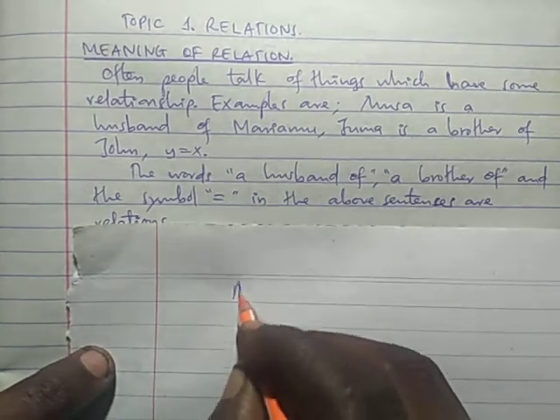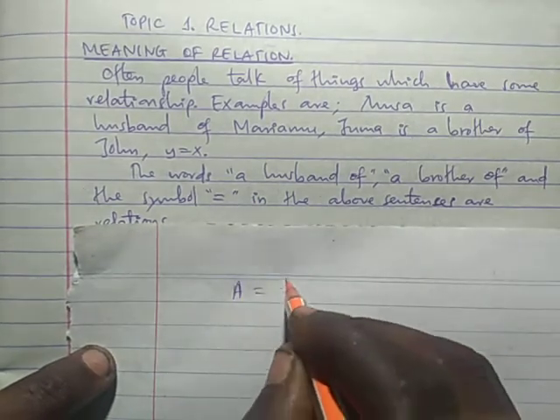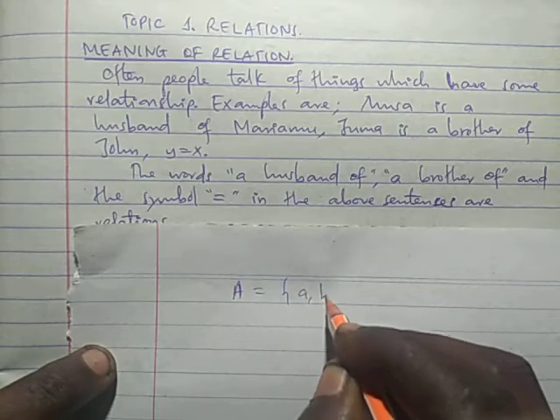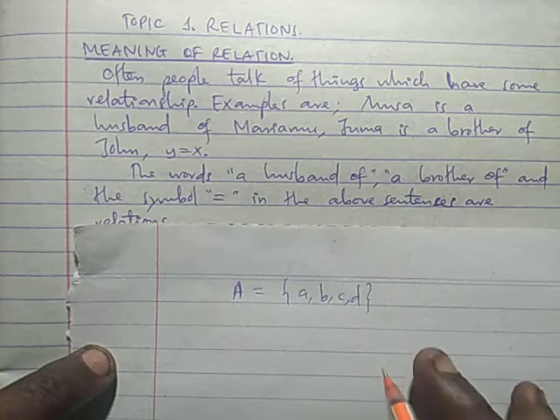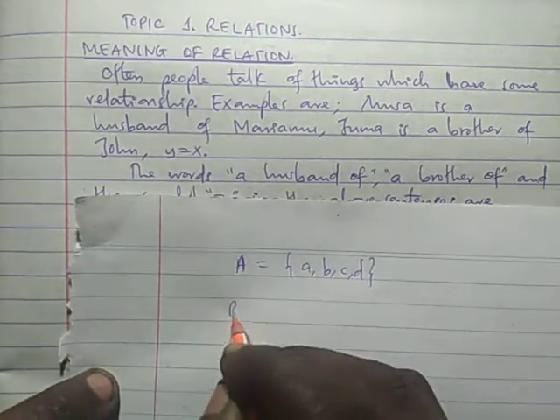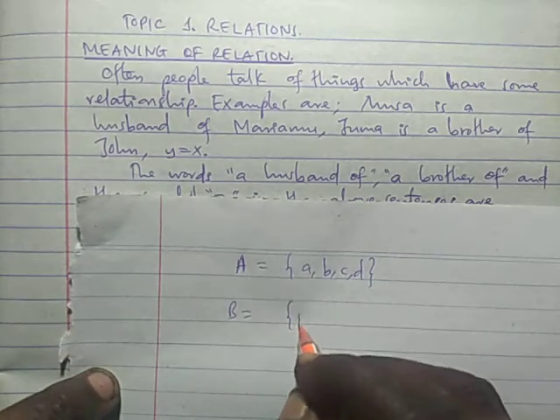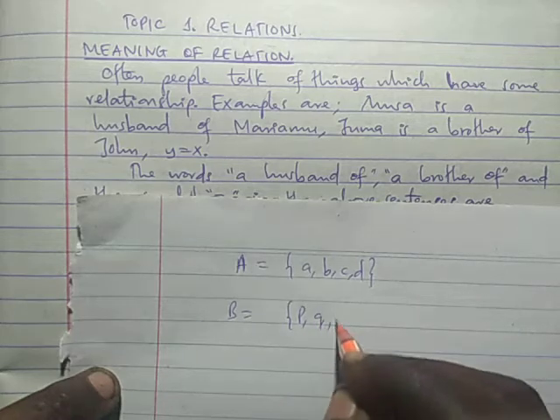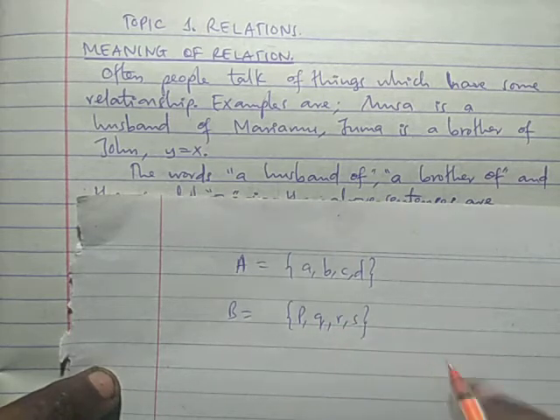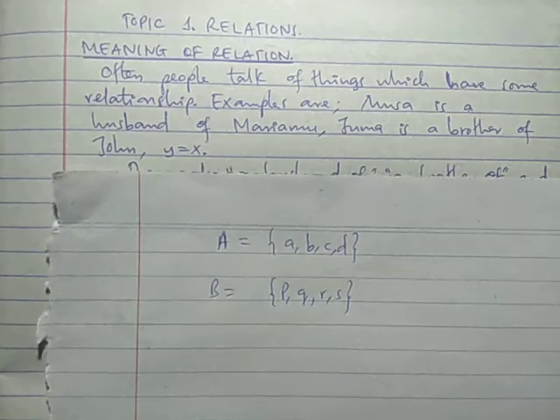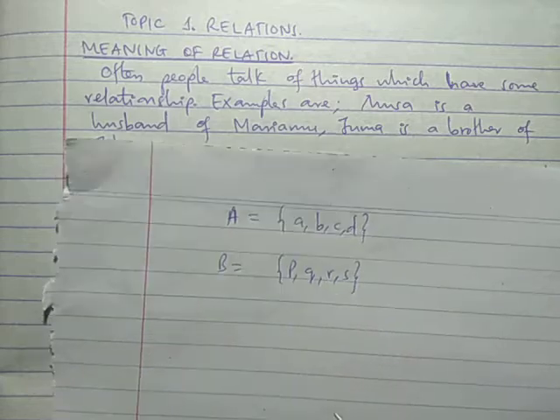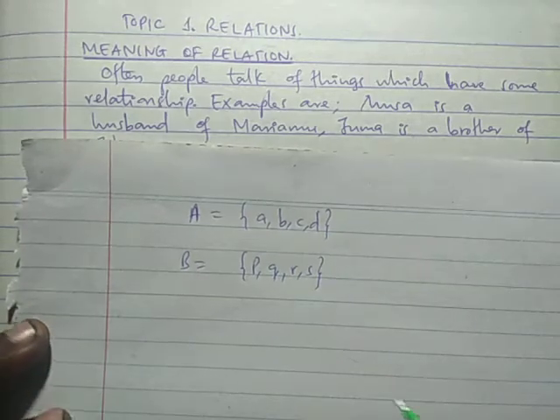Let's say we have a set A, and this set A has members A, B, then C, D. Set kama mlizosoma form 2, then set B itakuwa na members labda P, Q, R, S. A, B, C, D and P, Q, R, S, they are just members ambao tumeassume. So in mathematics humu unaweza kukuta namba ni 1, 2, 3, 4.